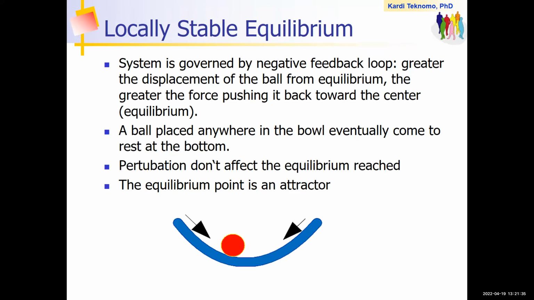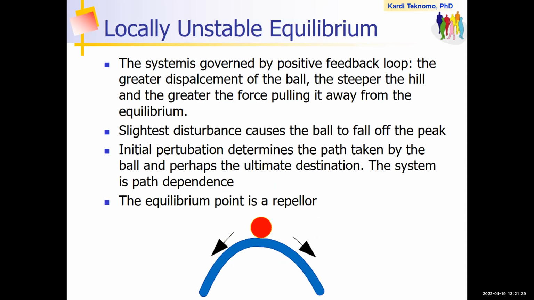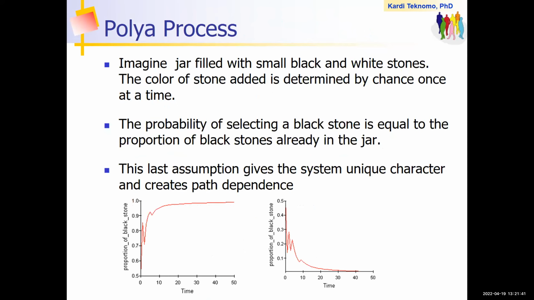I already explained stable equilibrium and unstable equilibrium, so I will just pass over this. So the process is very simple. This is called the Polya process. Polya is one of the scientists. He said, look, I can create this lock-in process as a path-dependent process.